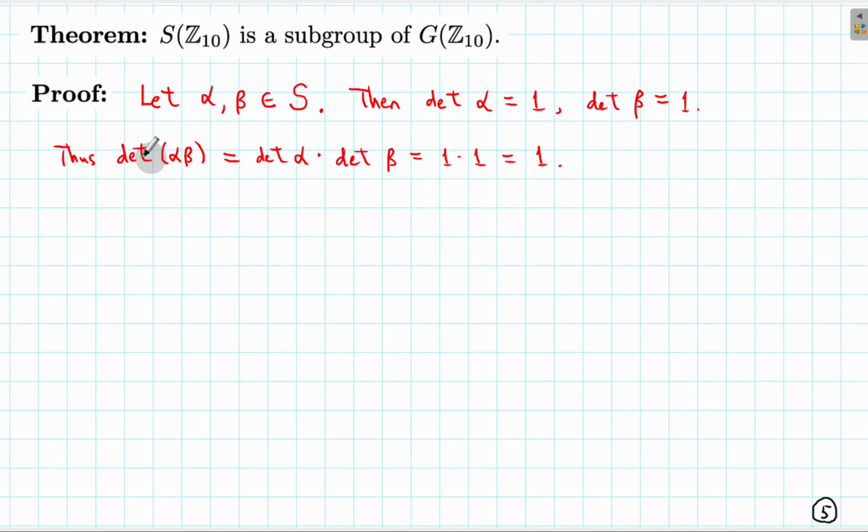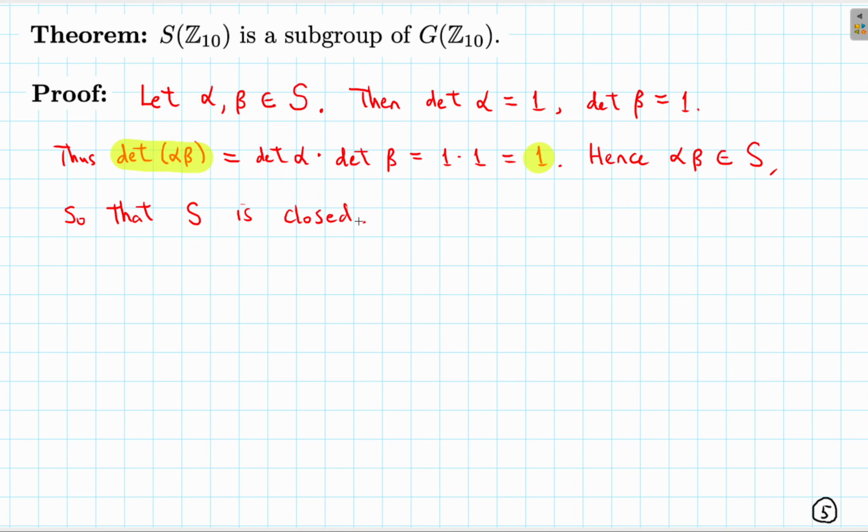And so we just showed that the determinant of alpha beta is equal to 1, and hence we can say that alpha times beta is in S, so that S is closed under multiplication. S is closed under matrix multiplication. And so there is closure.